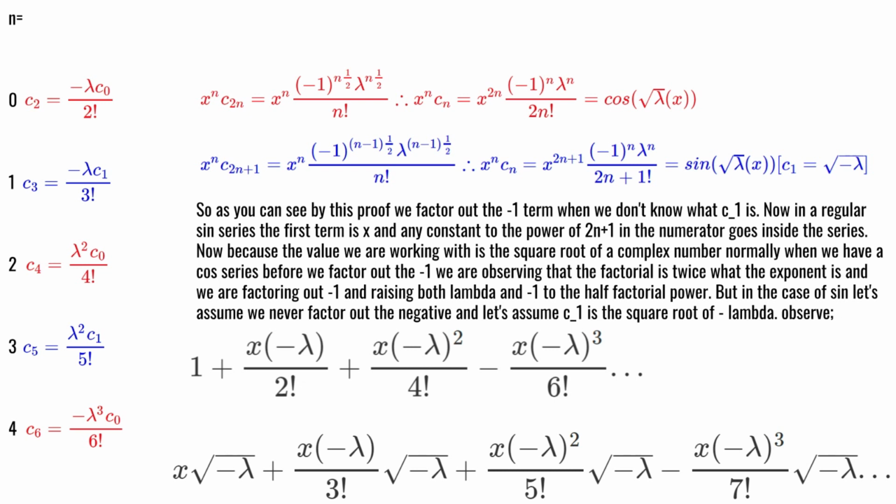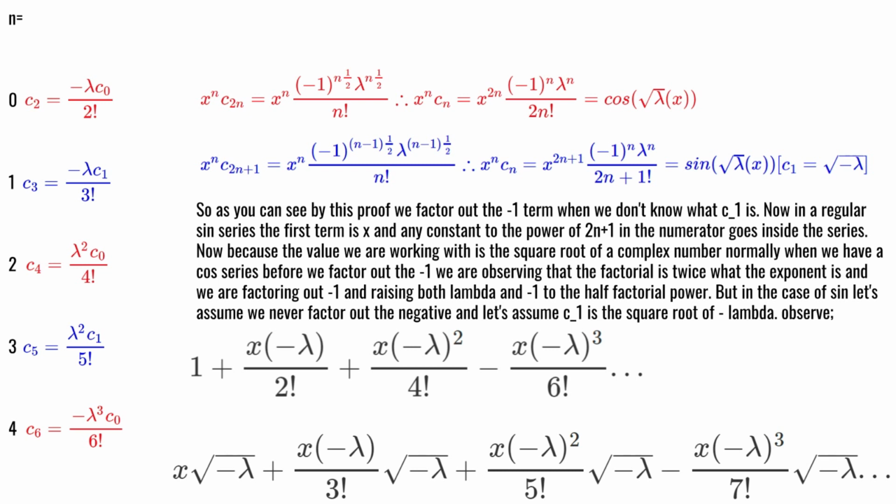But see, e to the imaginary power times x, which is e to the square root of negative lambda, think about it, because the square root of any negative value is going to be an imaginary number or a complex number. That's going to be a problem now, because we're thinking there's this i term in Euler's formula, but it's not showing up, right?